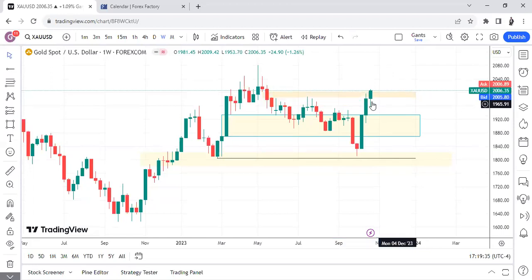And see that it's closed above it. Except we have an impulsive movement to the downside, then this high is in jeopardy. If we trade bullish again this week on this asset, then this high is in jeopardy.